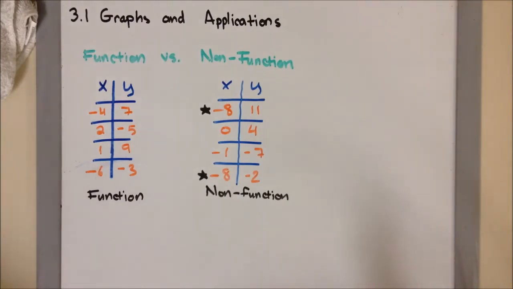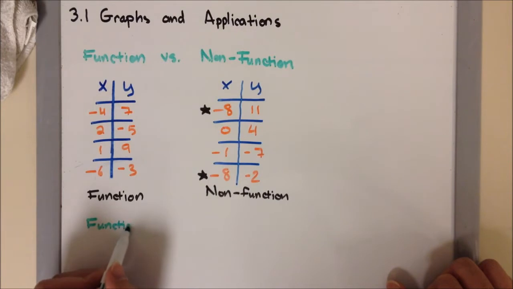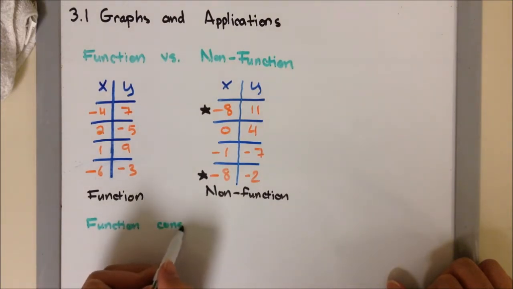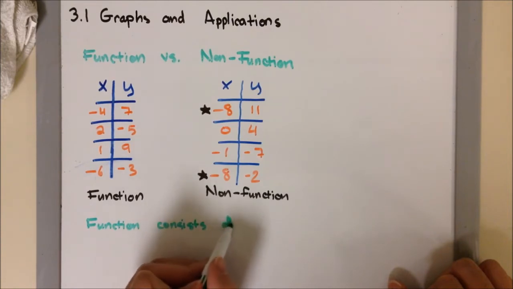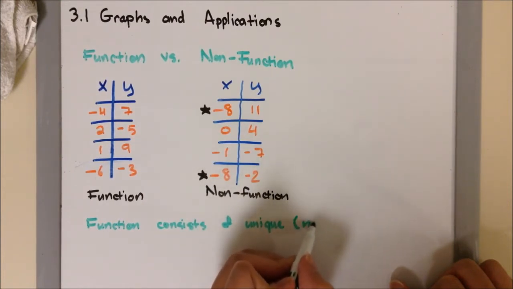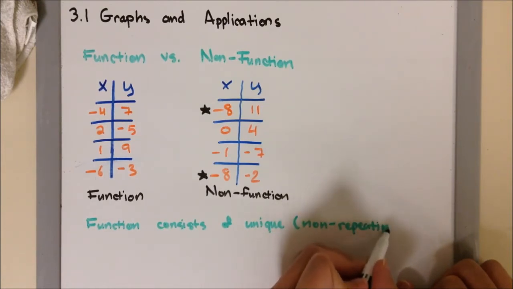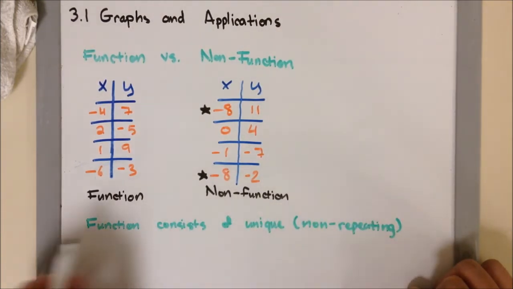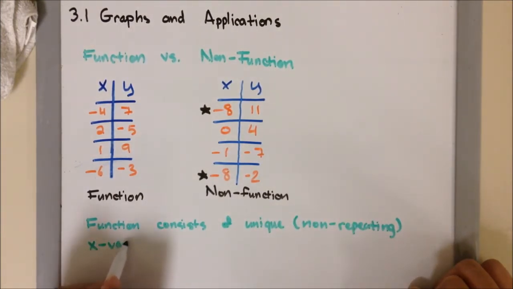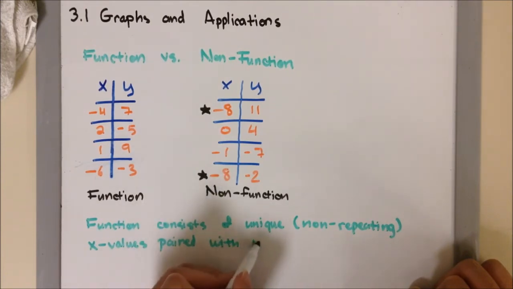So to review, basically the definition: a function consists of unique, meaning non-repeating, x values paired with y values. When I say unique, I mean non-repeating x values.